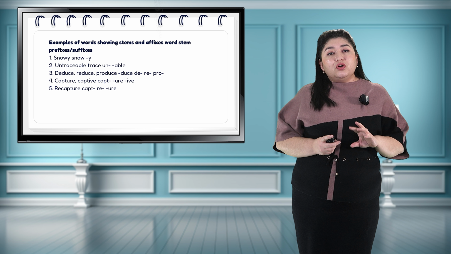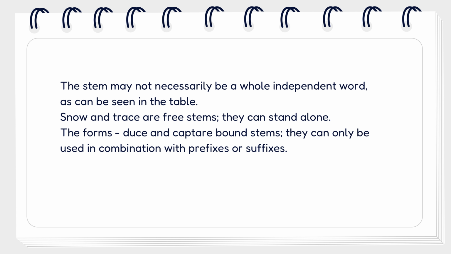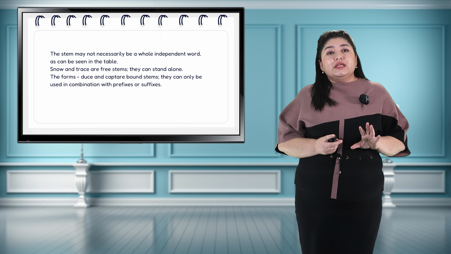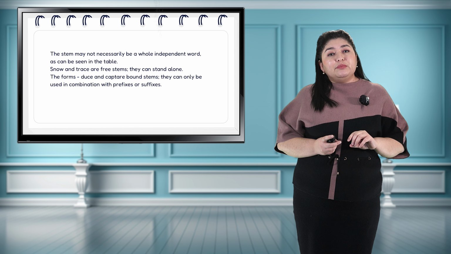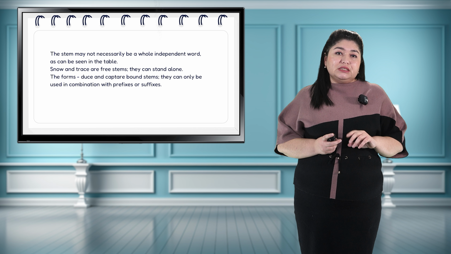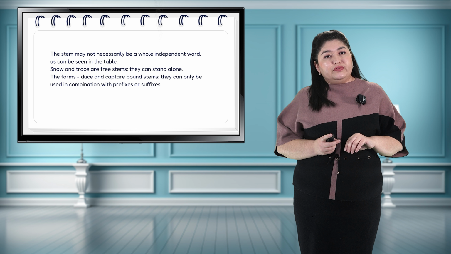And there are a lot of examples for prefixes or suffixes. The stem may not necessarily be a whole independent word, as can be seen in the table. Snow and trees are free stems. They can stand alone. The forms duce and capture are bound stems. They can only be used in combination with prefixes or suffixes.